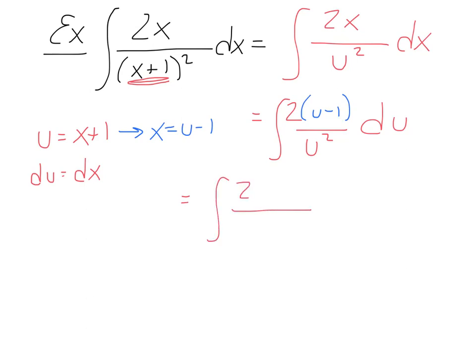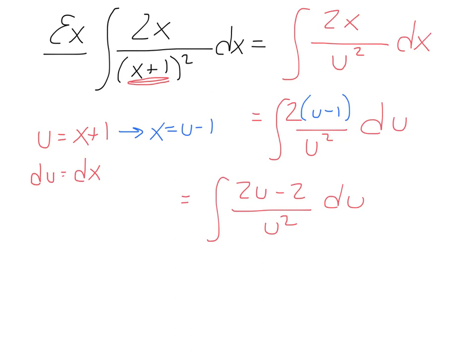I get 2u minus 2 du over u squared. And one way that we can simplify a fraction is that if we have a single term in the bottom, sometimes referred to as a monomial, we can divide it into each of the individual terms.